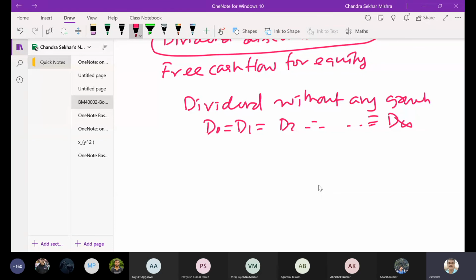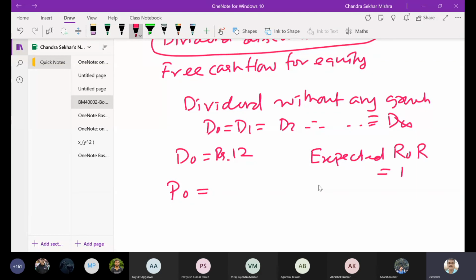Why infinite? Because equity share is an infinite investment. So let's say D0 is equal to 12 rupees. What is my price then? D0 12 means D1 12, everywhere 12. And my expected rate of return as an investor is, let's say, 14%. So what will be the value now?